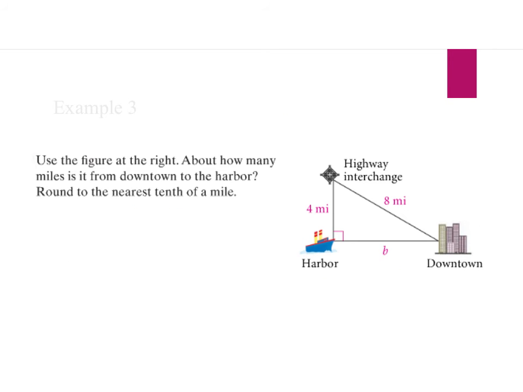For my next example, it says use the figure at the right, and it wants to know about how many miles it is from the downtown to the harbor. So here's my harbor, here's the downtown, so I'm looking to find this distance right here. Again, I'm going to use a squared plus b squared equals c squared.